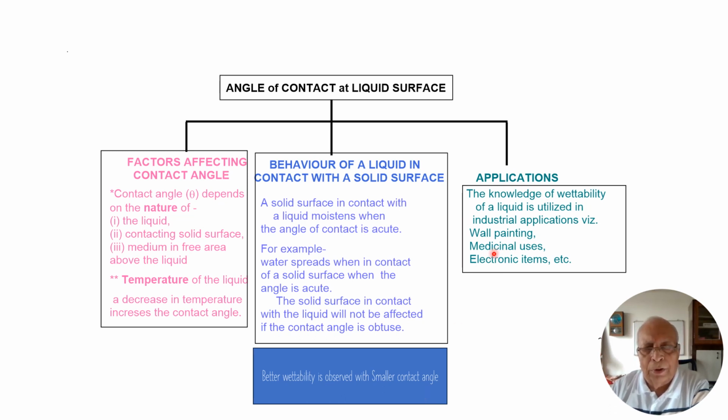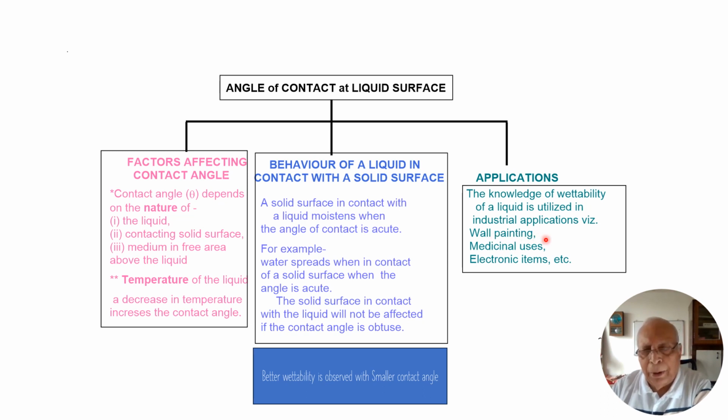Why is this important? The knowledge of contact angle and its wettability of liquid is utilized in industrial applications, such as manufacture of paint or painting the walls. We don't need water to be present in paint and enamels.